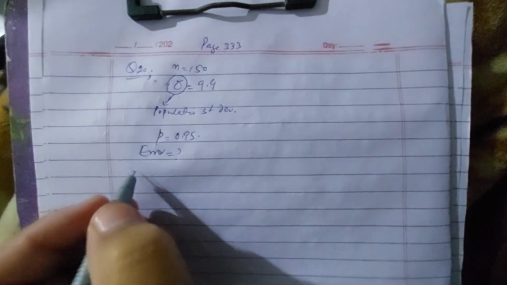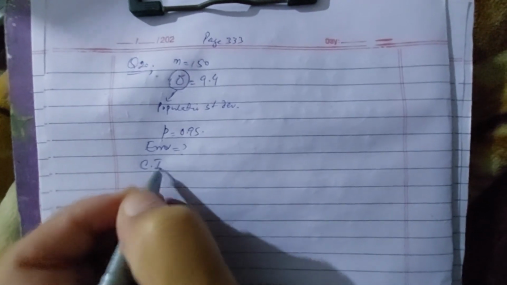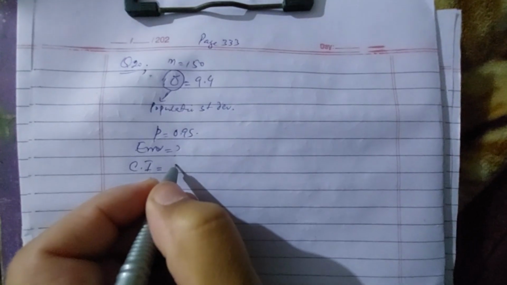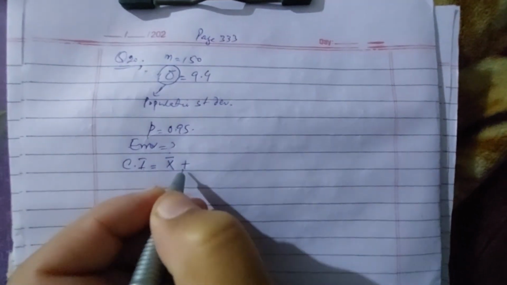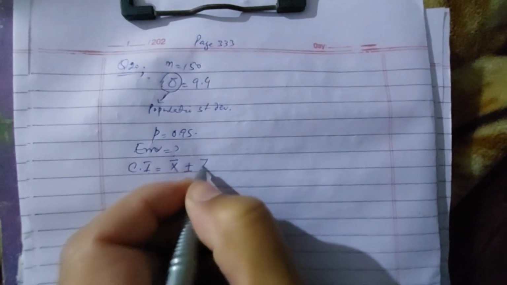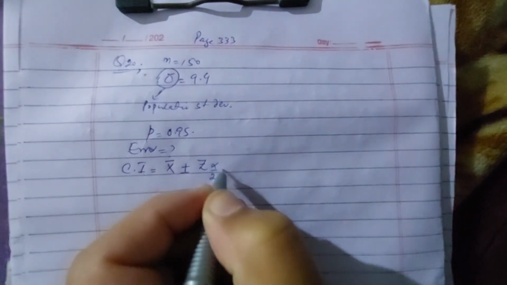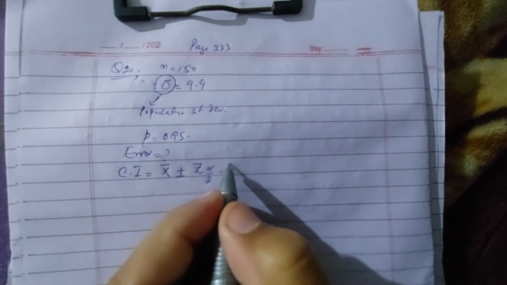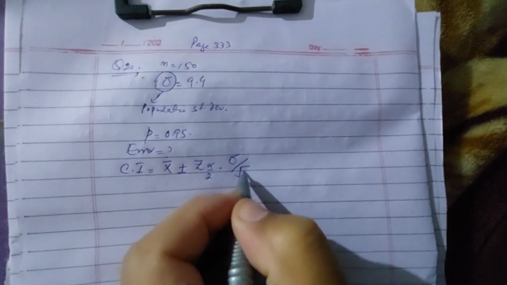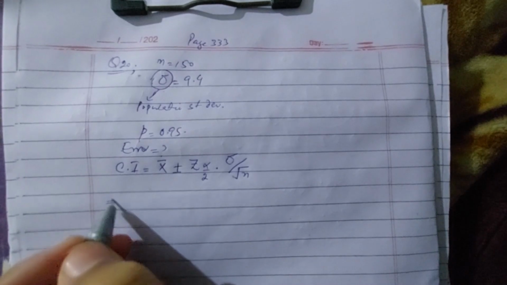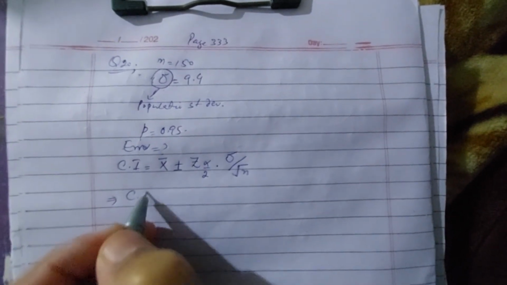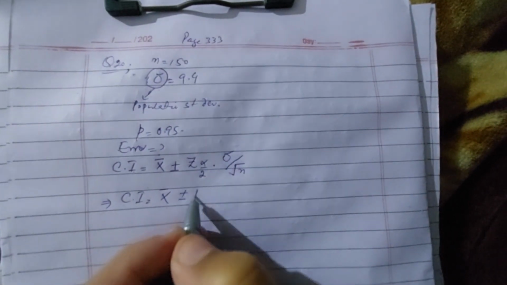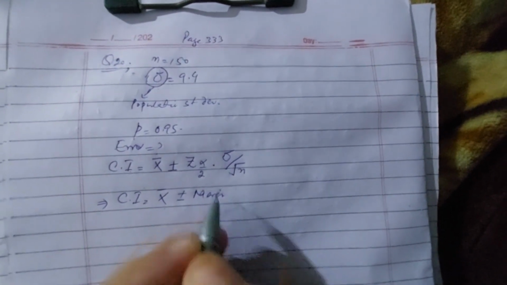So we will use the formula of the confidence interval over here. The confidence interval for mean is x bar plus minus z alpha by 2 into standard deviation divided by under the root n. We know that the confidence interval is equal to the sample mean plus minus the margin of error.